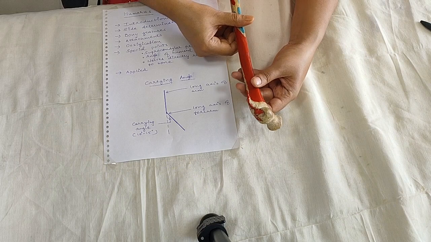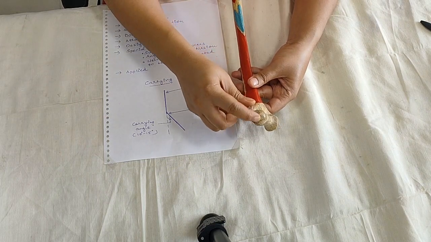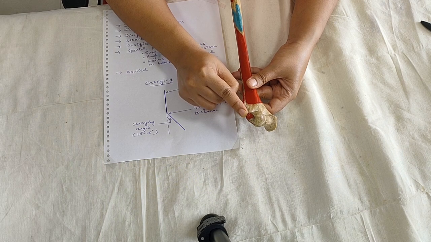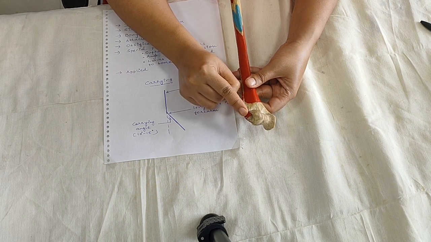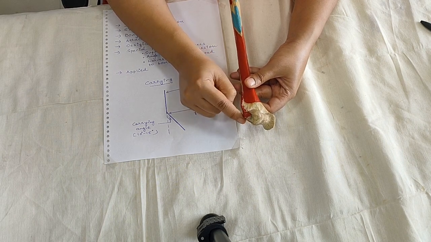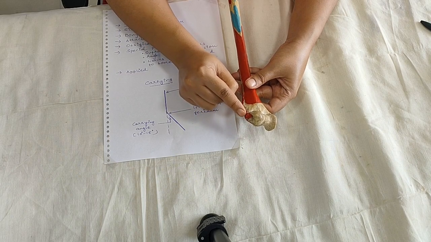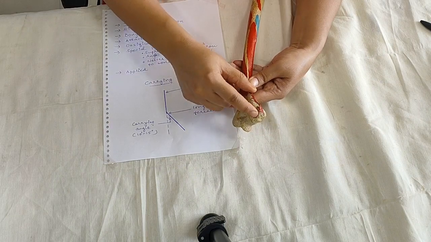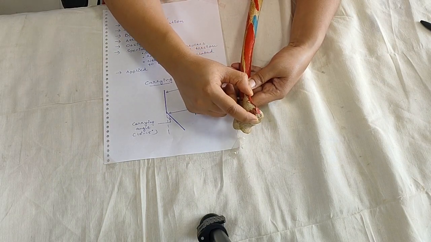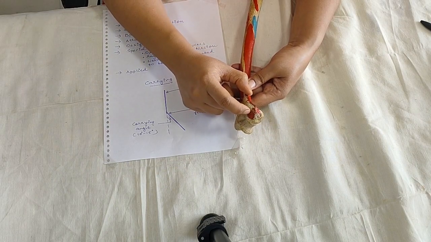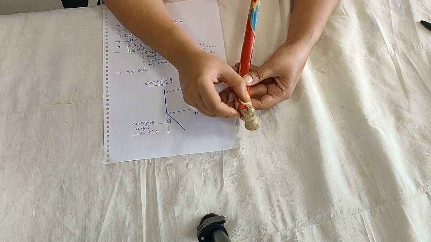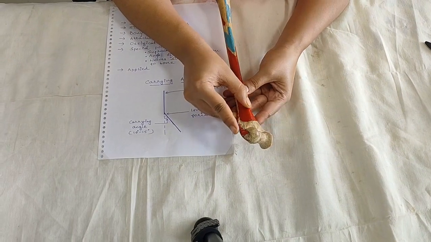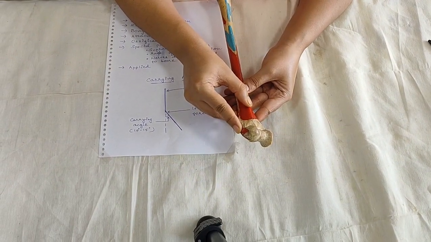On the lateral epicondyle, all the superficial extensor muscles of the forearm are getting origin. So it is also called the common extensor origin. Other than that, on the posterior aspect, some fibers of anconeus muscle are getting origin. So medial epicondyle, common flexor origin; lateral epicondyle, common extensor origin.